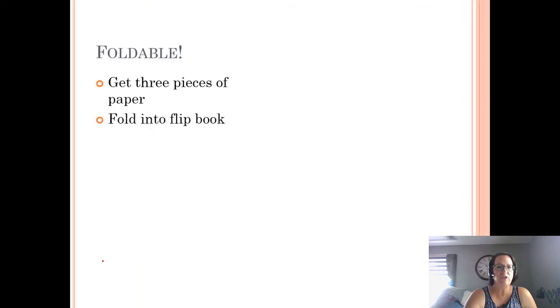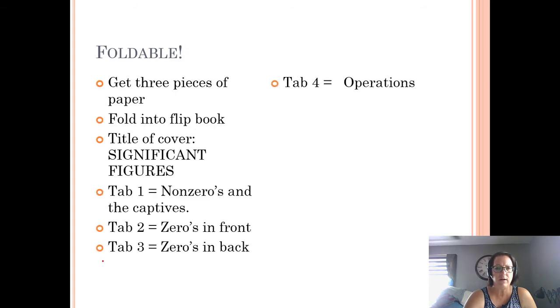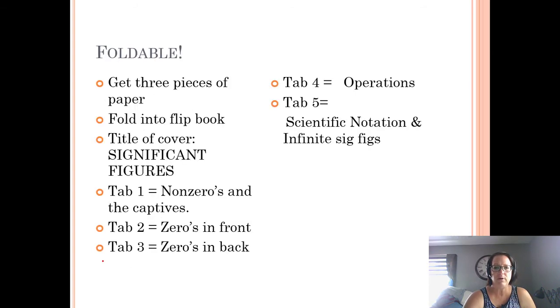Okay, so this is just set up to make it into a flip book. If you want to do that flip book, you can pause the video right here. You take 3 pieces of paper and you stagger them about half an inch, a centimeter and a half, apart from each other, and then you fold it over so you have 6 tabs, 6 pages.